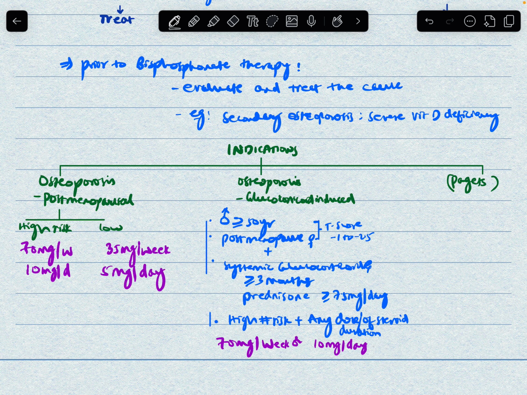Those patients who are on corticosteroids are at a higher risk of osteoporosis, and we need to know the criteria in whom we need to start the bisphosphonates.